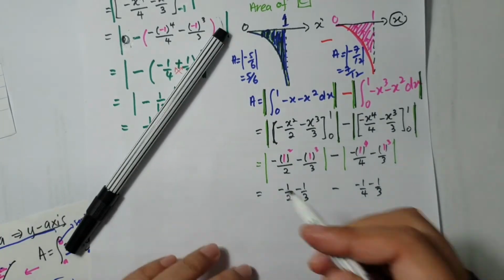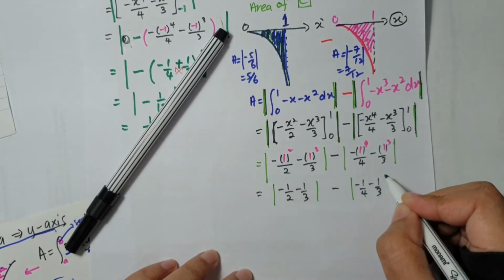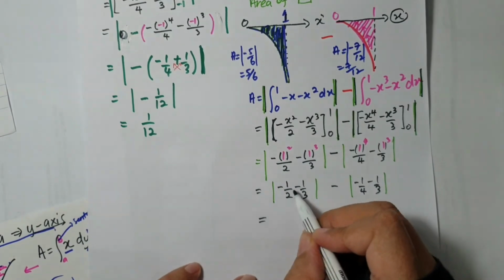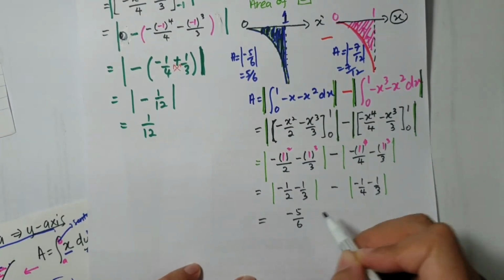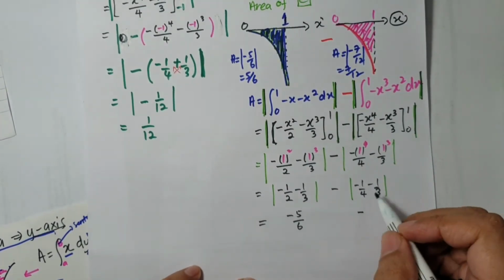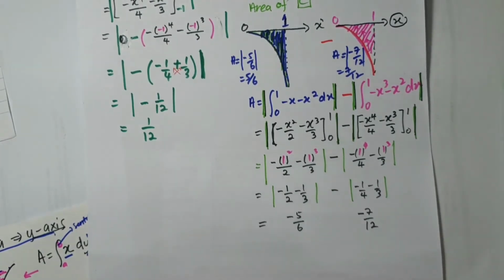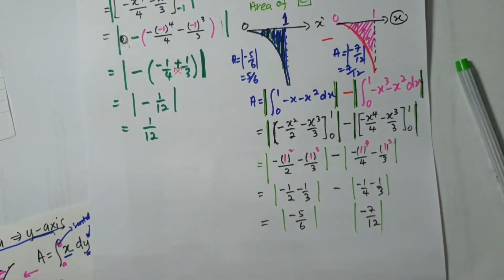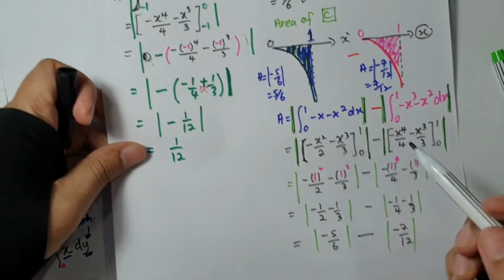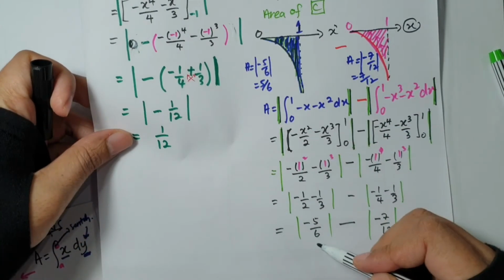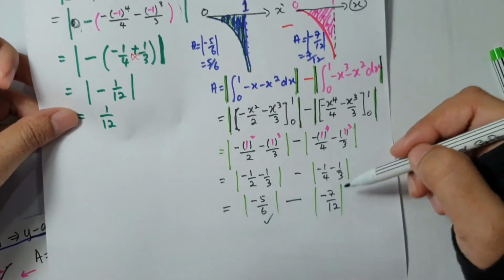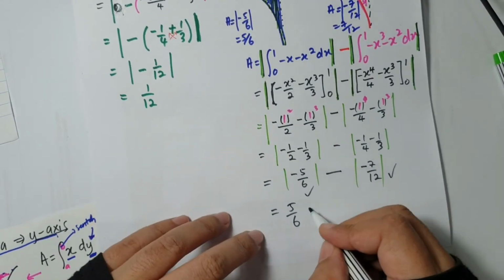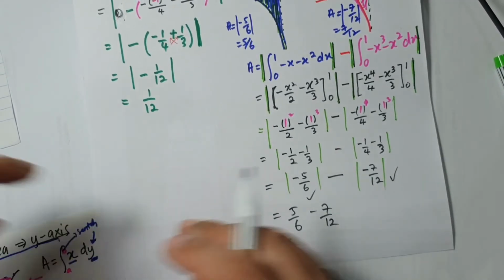This one ada modulus. Okay, ini jadi apa? Negative 5/6. Ini jadi negative 7/12. Okay, so ini ada modulus minus. Okay, betul tak tadi? This one 5/6, betul? This one's negative 7/12, betul? Okay, so dia jadi 5/6 minus 7/12.